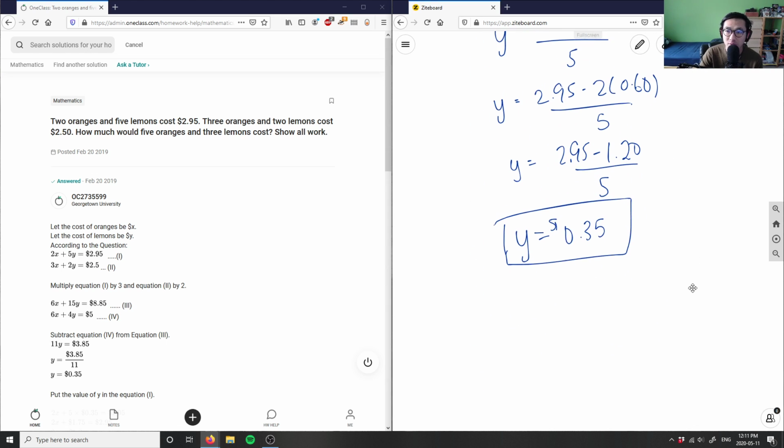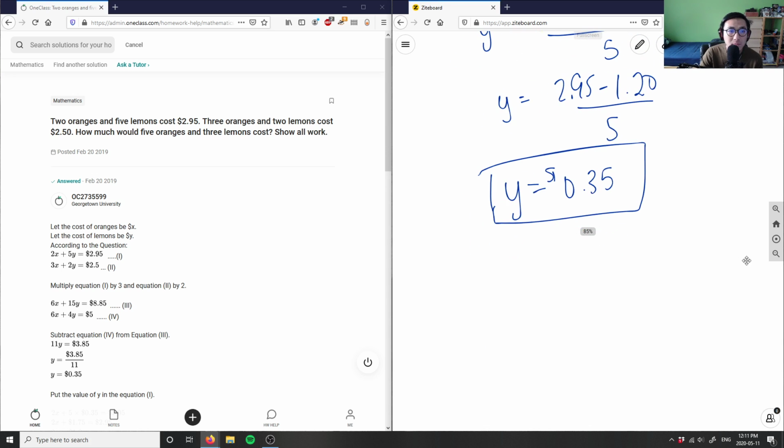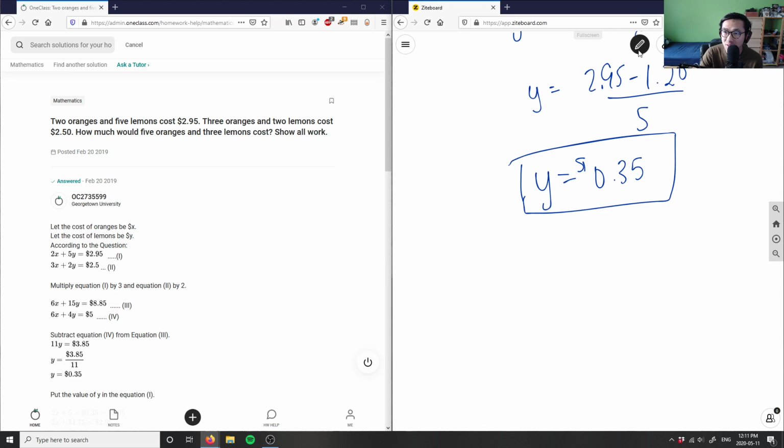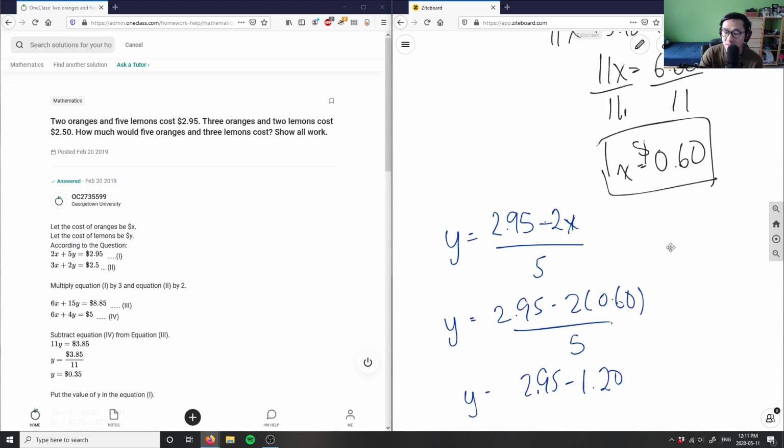And then finally, I can solve for what the question was asking. The question's asking us how much 5 oranges and 3 lemons would cost, right? So 5 oranges would be 5 times x, plus 3 lemons, which is 3 times y, equals some value. We solved for this x value, which is 60 cents.